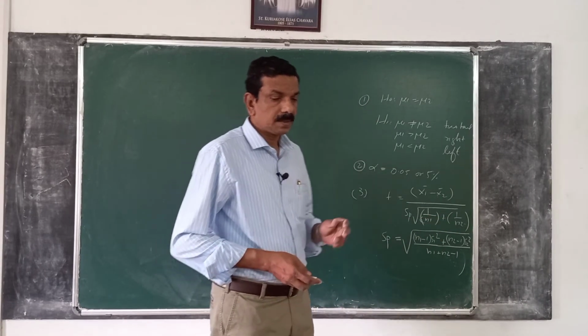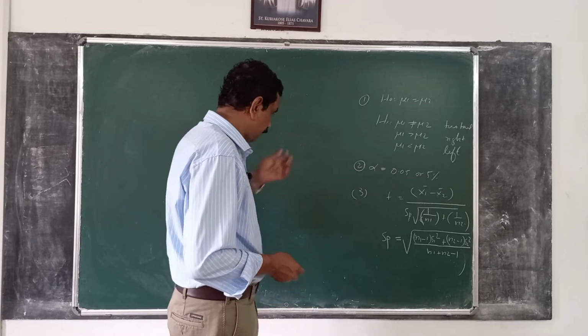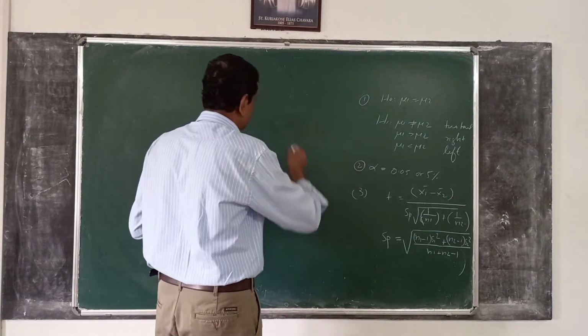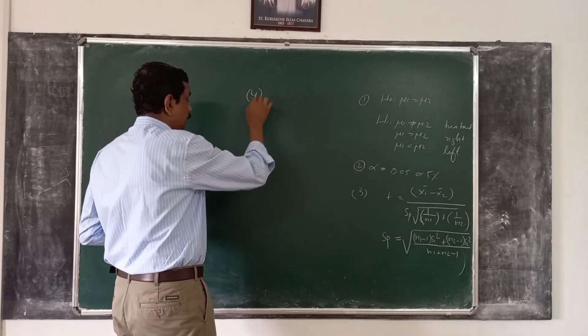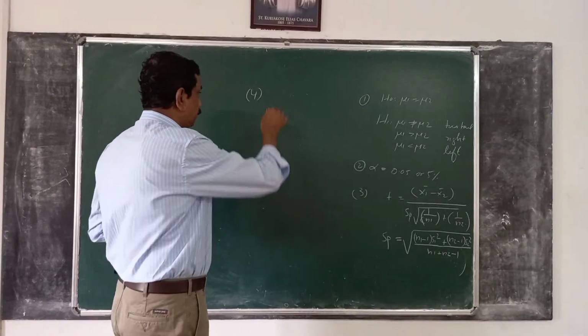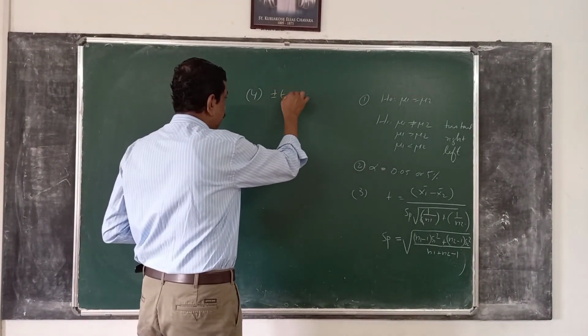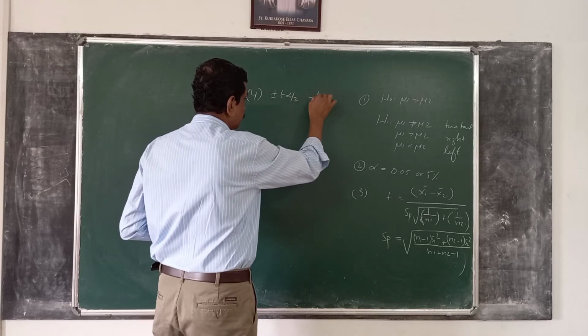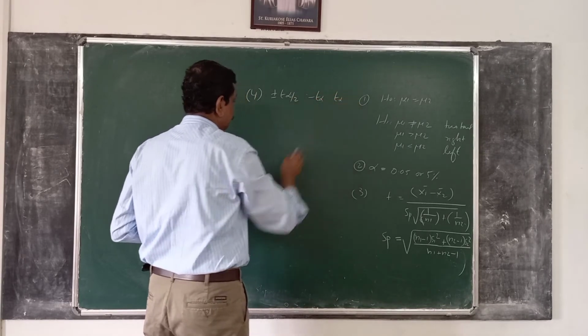The fourth step is to find the critical values: plus or minus T alpha by 2, minus T alpha, or T alpha.